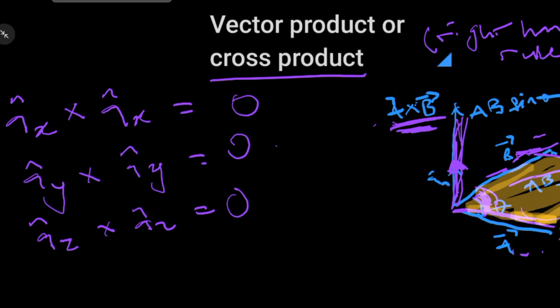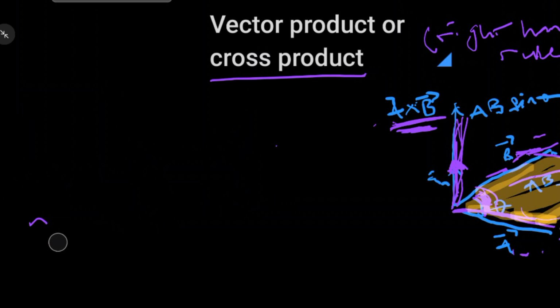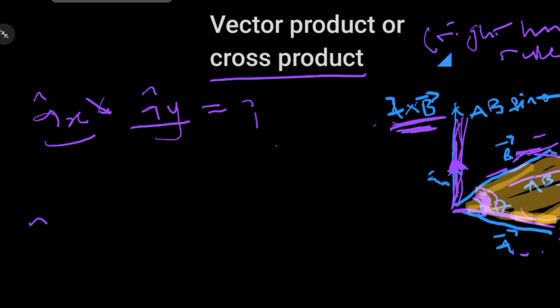And okay, let's say we have a unit vector x multiplied by a unit vector y. Because these two are perpendicular to each other, meaning they are at angle 90 to each other, right?